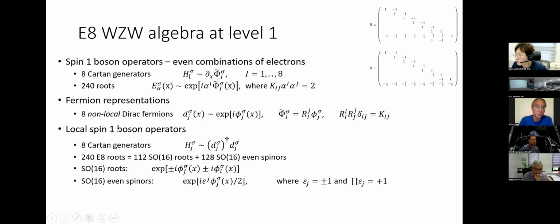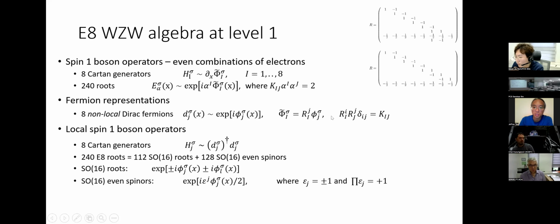The most important observation in this talk perhaps is the fermionic representation. That requires us to perform a secondary basis transformation that goes from what we call the Chapelle basis to the Cartan-Weyl basis. So these are Dirac fermions, but they're actually non-local Dirac fermions because this R matrix contains some 1/2.